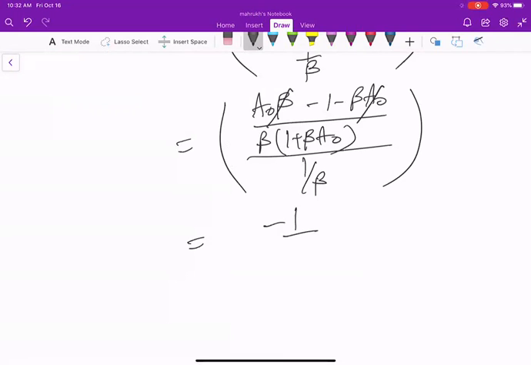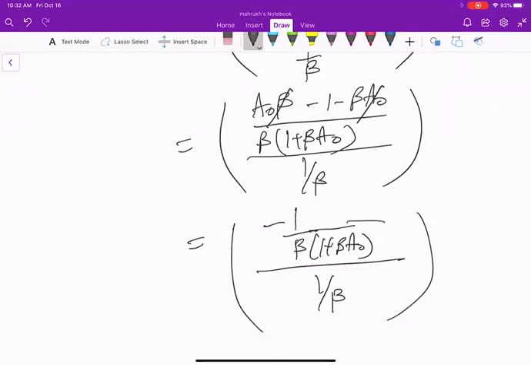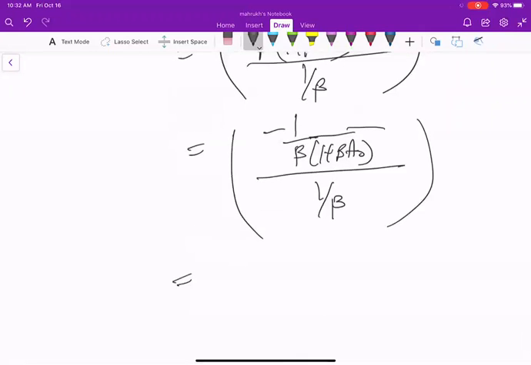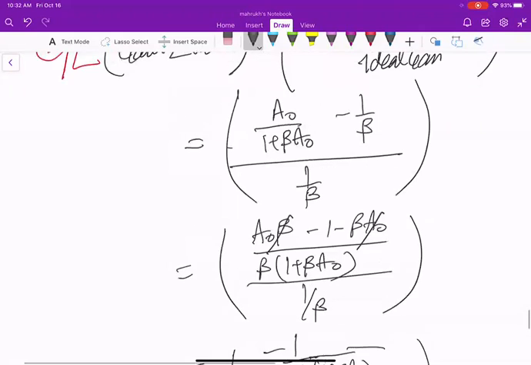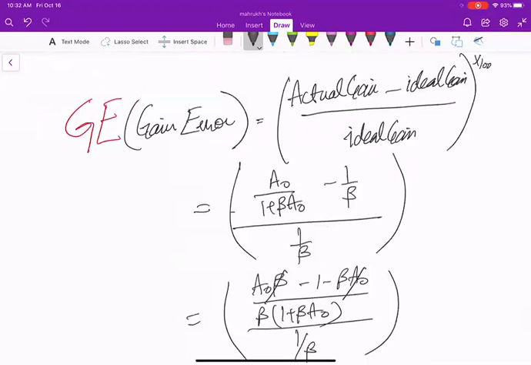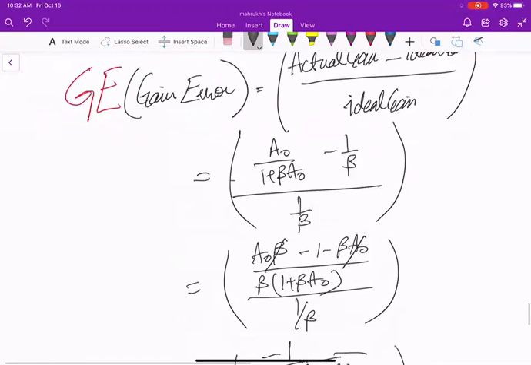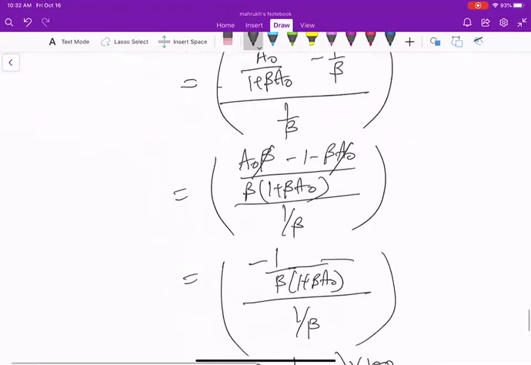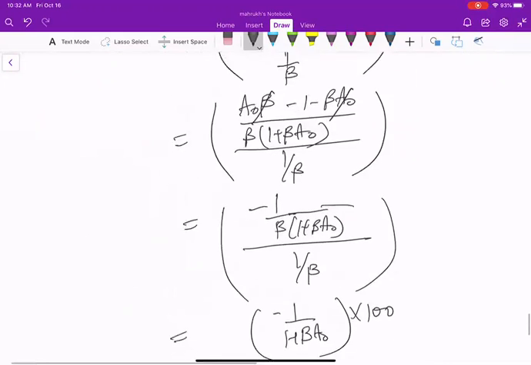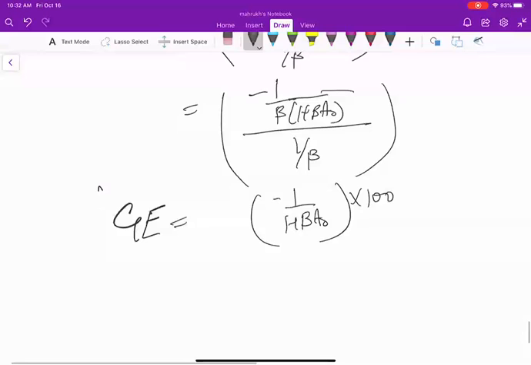It will become minus 1 over (1 plus beta A naught), into 100. Do you know what I did here? I just took the LCM of A naught over (1 plus beta A naught) minus 1 by beta and then solved it, and it becomes easy. So this is your gain error.